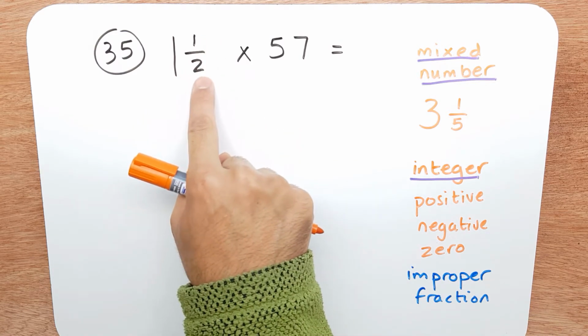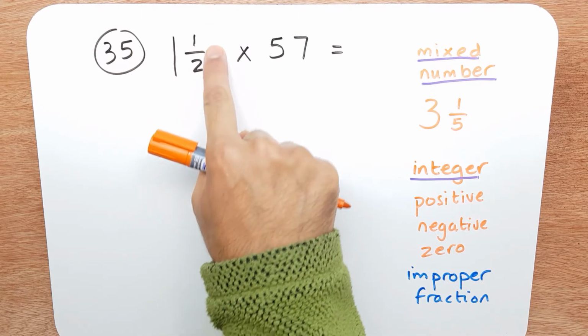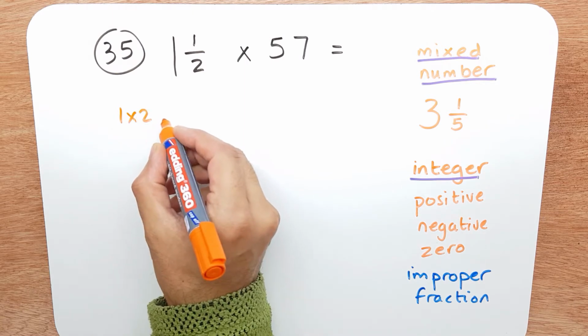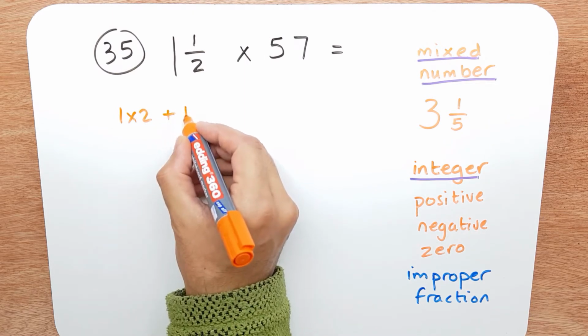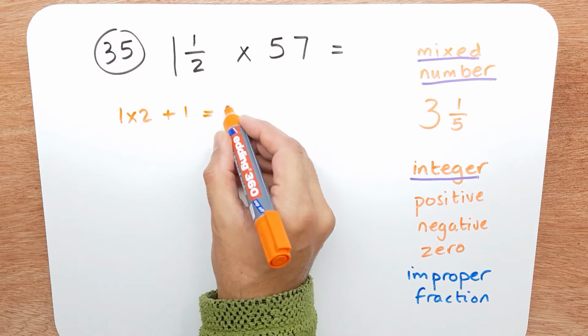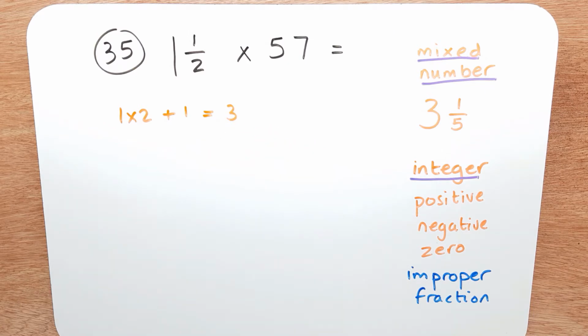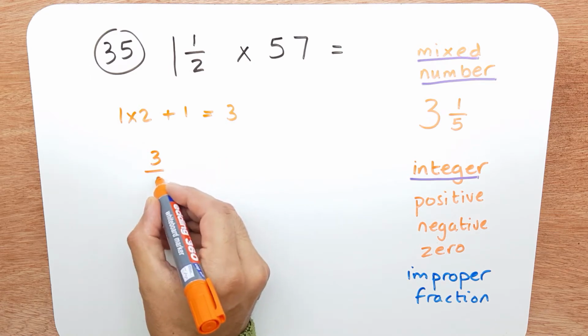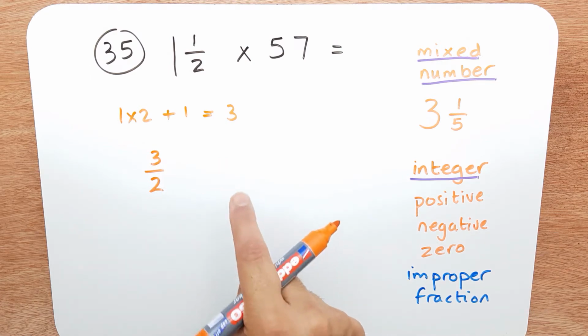So it'll be 1 times 2 plus 1. And that gives 3. So all we do is we write 3 over 2. So we have 3 halves.